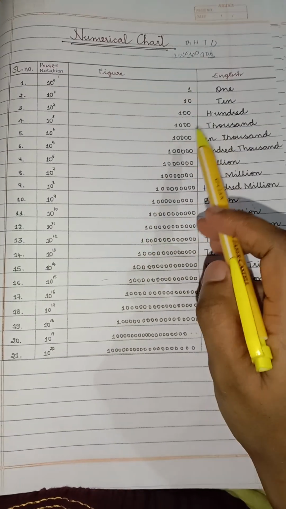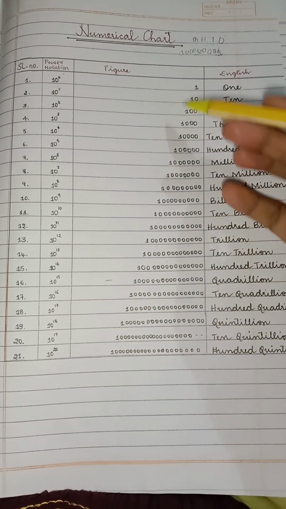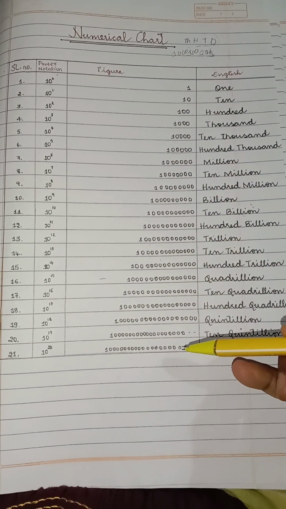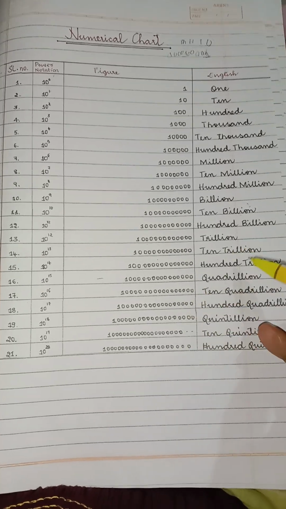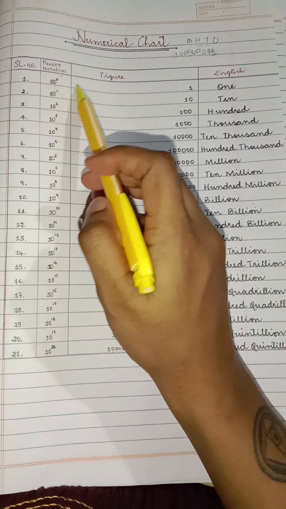These power notations' expansion forms are these numbers, and what they are called is mentioned here. So let's see one by one.